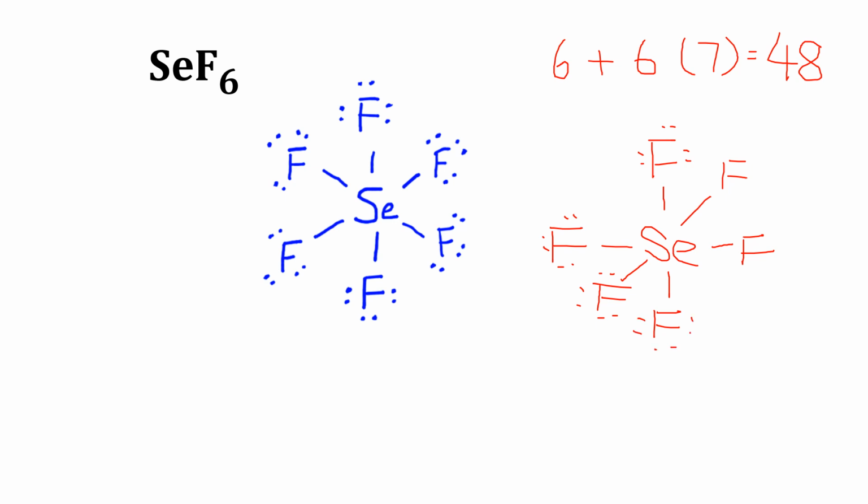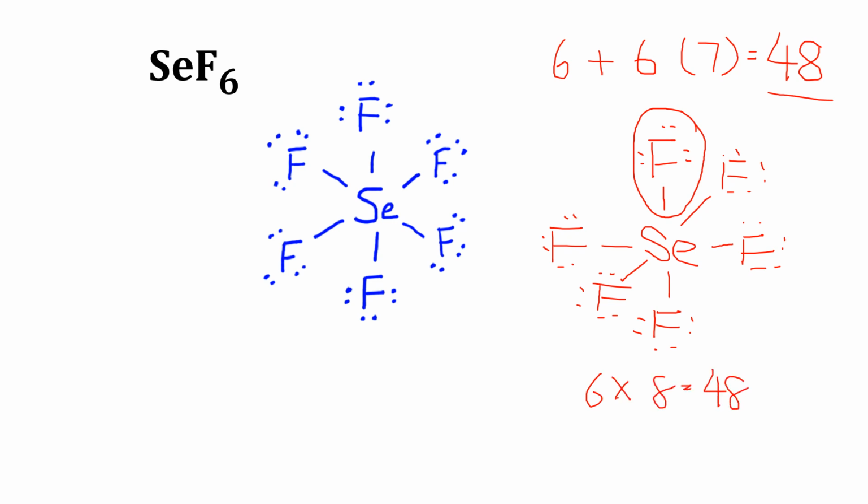Okay, so once we finish, we wanted to count all the valence electrons in this particular structure to match the number of the valence electrons that we have calculated. So in this case, each one of them, remember, has to fulfill the octet rule except your center atom. In this case, it is expanded. So you have 8, so you have 6 times 8, you will also have the number of 48.